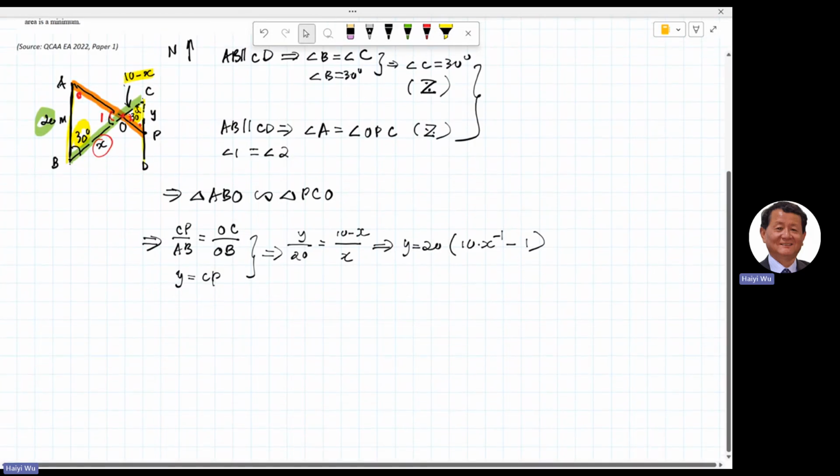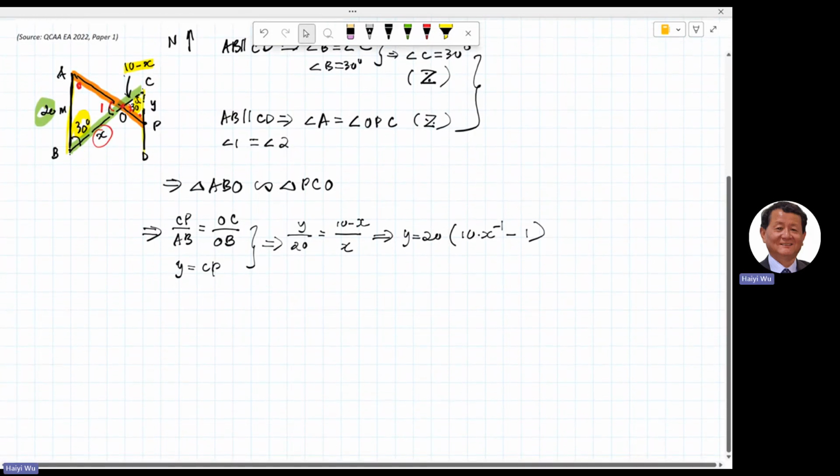I'm using an index instead of a fraction. So this is my Y, which is this side here.